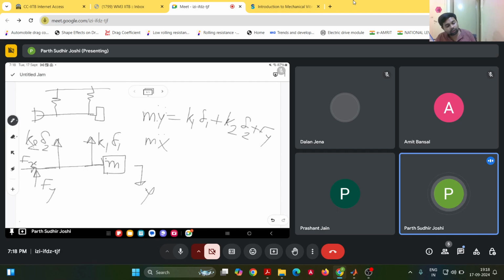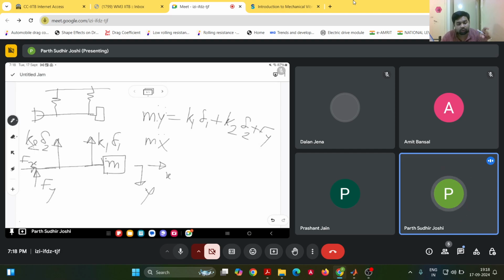If we consider x as the displacement of this mass in the x direction, for small oscillations we will neglect it, because the mass is largely moving only in the vertical direction. There will be movement in the x direction, but it will be very small compared to the movement in the y direction if the angle of oscillation is very small.